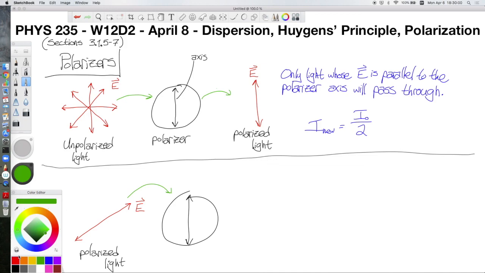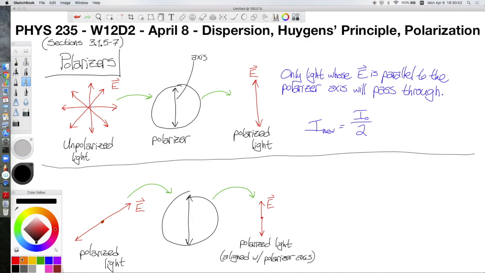But here it turns out this light is not going to be completely blocked. We will have some of this light that gets through. And I want to show you precisely how much. So what's happened here is we have less electric field than we had before in terms of magnitude, but it's all polarized along the polarizer axis.